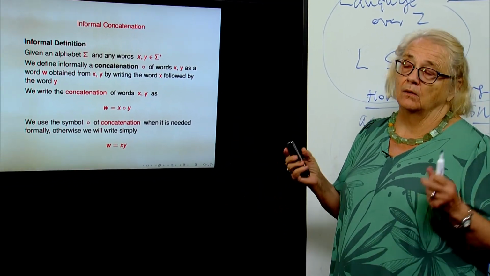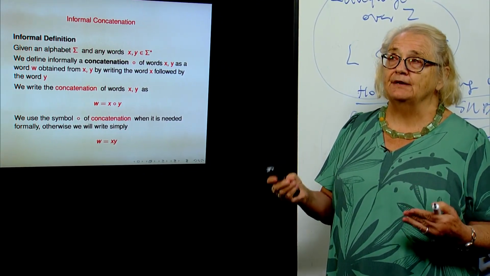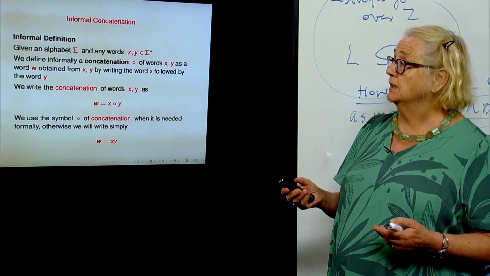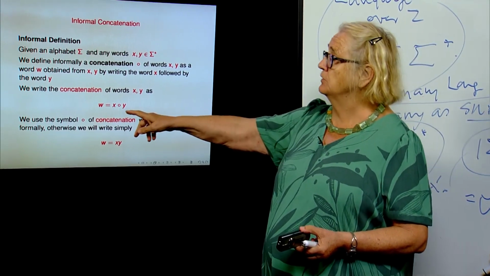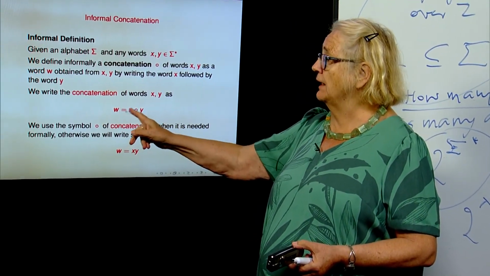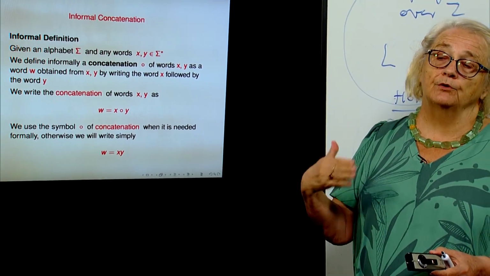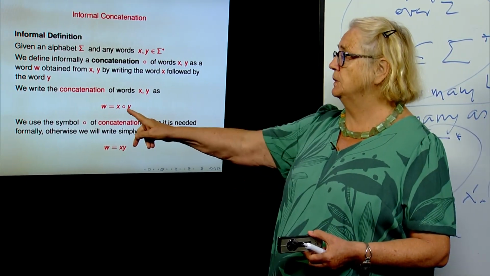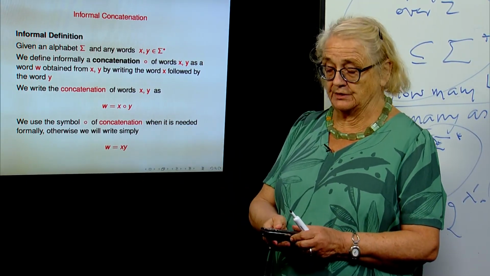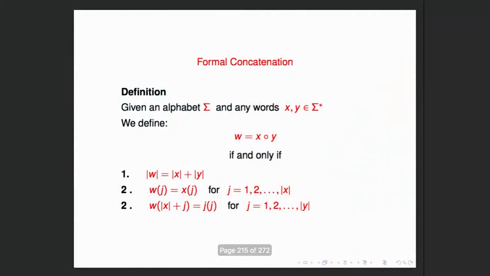And now we have operations on words. The first operation is called concatenation. Concatenation of two words means that you write one word after the other, and this is the symbol of concatenation. If we want to stress that we deal with concatenation, we use the symbol. If we don't, we just write x, y, x followed by y. And here is a proper definition of concatenation.